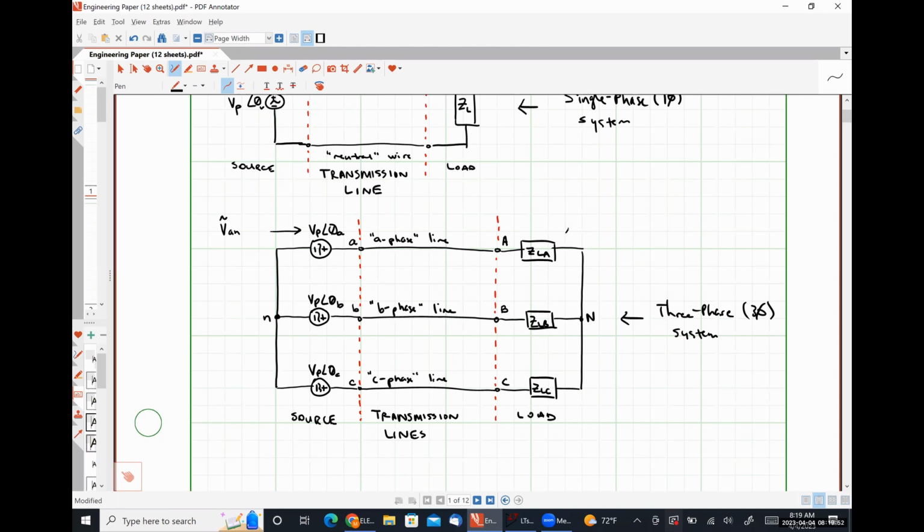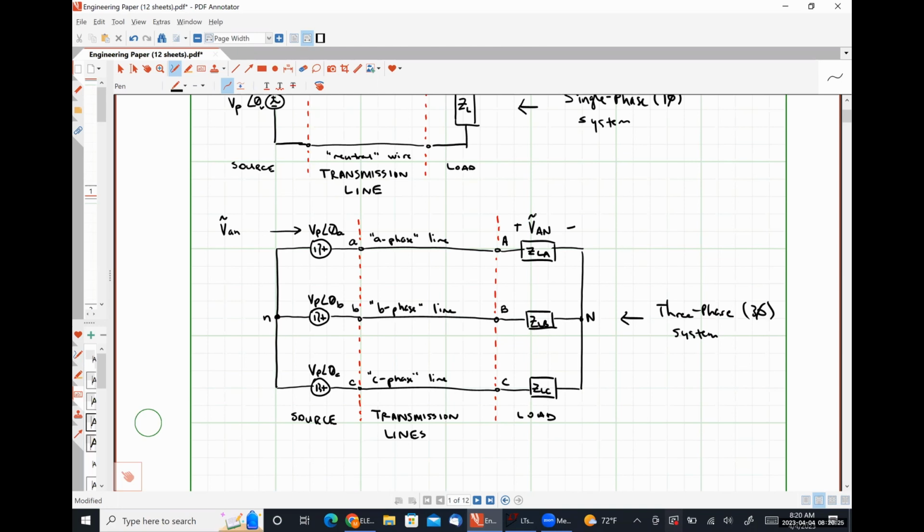Similarly, we could express the voltage drop across this particular part of our three-phase impedance as V capital A, capital N, where the positive polarity terminal, once again, is associated with capital A, and the negative polarity terminal is associated with capital N. So for voltages, the first letter of the subscript is the positive polarity terminal. The second letter of the subscript is the negative polarity terminal.